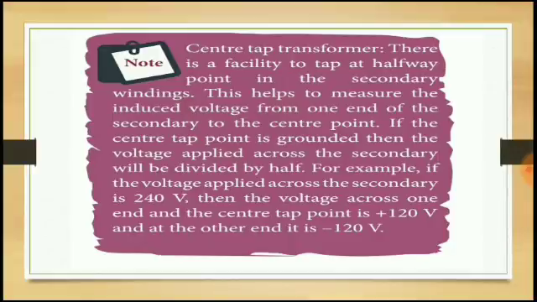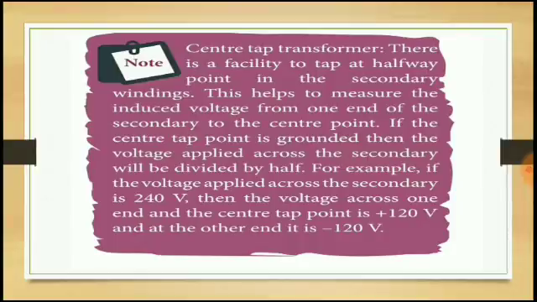There is a facility to tap a halfway point in the secondary windings. So this helps to measure the induced voltage from one end of the secondary coil to the center point. If the center tap point is grounded, then the voltage applied across the secondary will be divided by half.